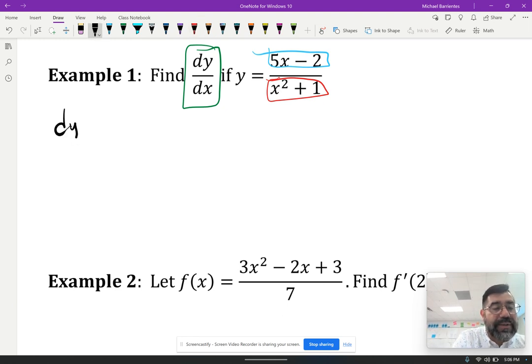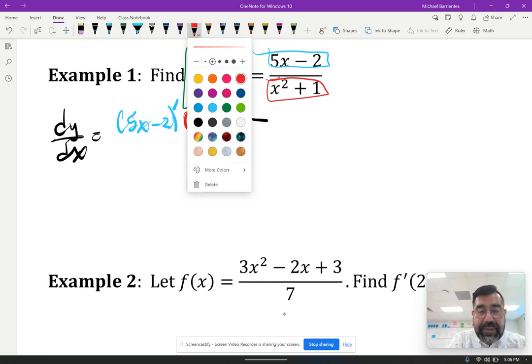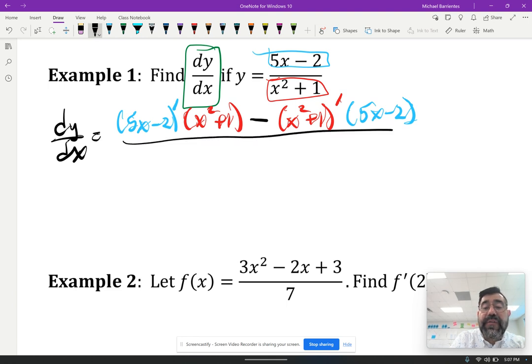The quotient rule says to find the derivative, we need to take the derivative of the numerator, the derivative of the top, times the bottom, the denominator, minus the derivative of the denominator times the top, the numerator, and then all of that divided by the square of the denominator, the square of the bottom.